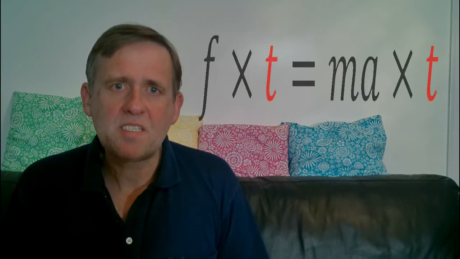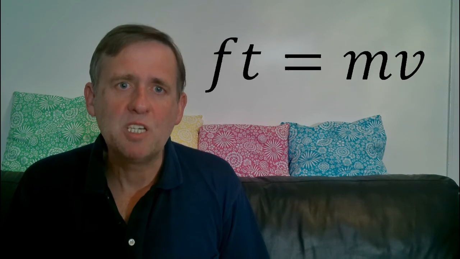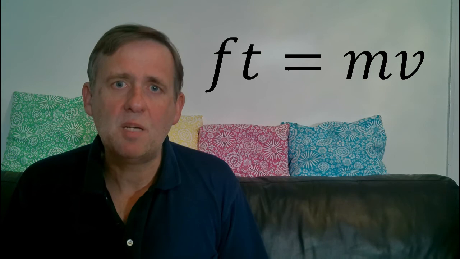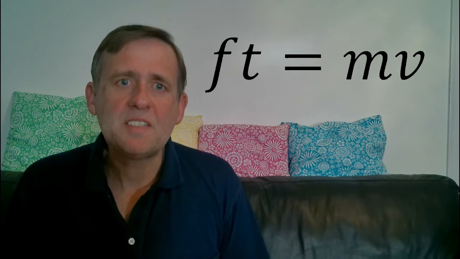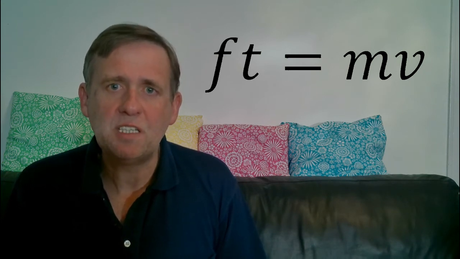Now, returning to our force equals mass times acceleration, if we multiply both sides of this equation by the time that the force acted on our ball, we get mass times acceleration times time on the right side and force times time on the left side, which, if we just have a constant acceleration, will equal mass times final velocity. This is because our initial velocity of the cue ball was zero, and acceleration is equal to a change in velocity over time.